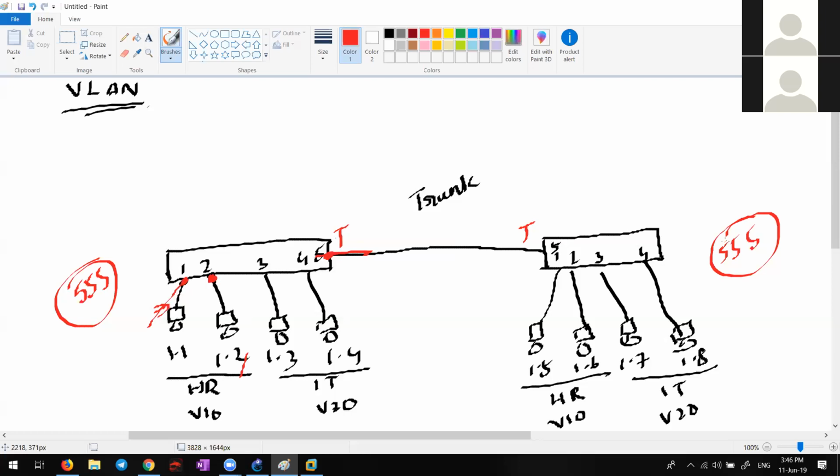We'll create a dummy VLAN, say 555, and this dummy VLAN will not be assigned to any ports, so that all the traffic through the trunk link will be tagged.